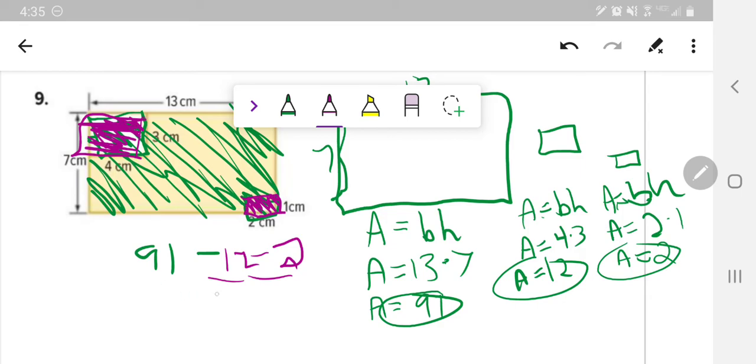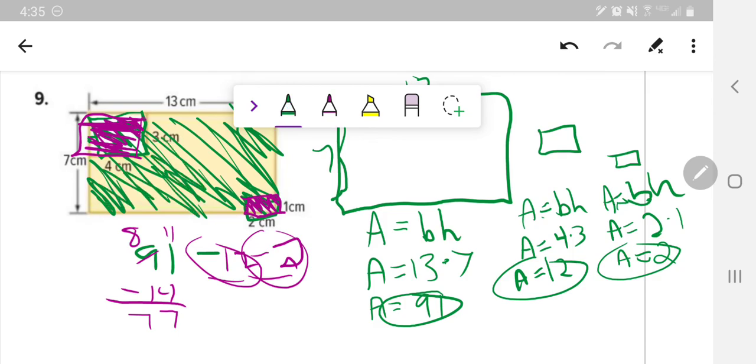So if I take away 14, I get 77. So the area of just that space that's shaded in yellow and green now is 77 centimeters squared, or square centimeters.